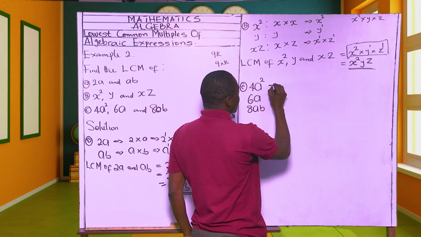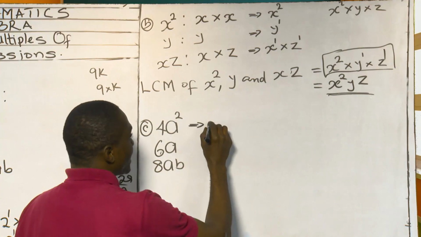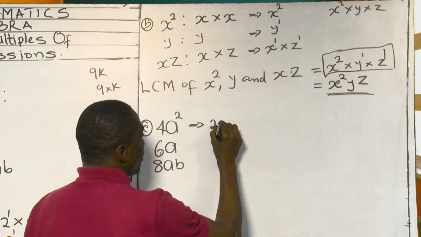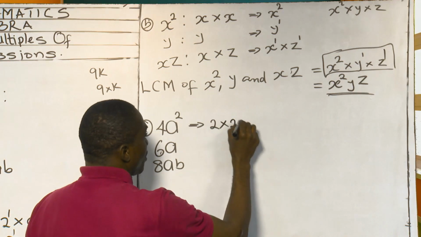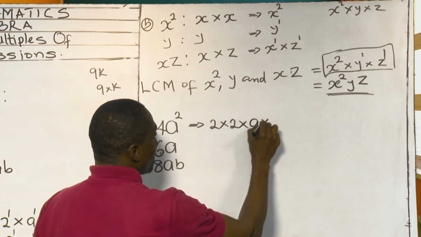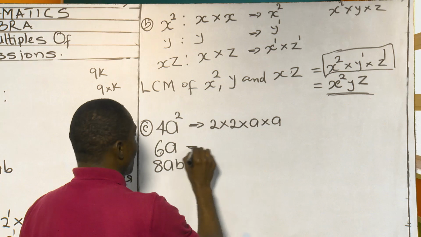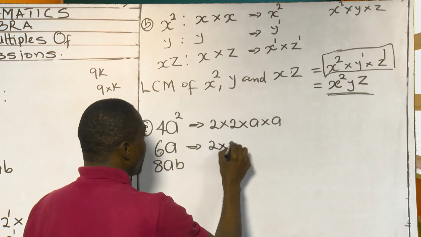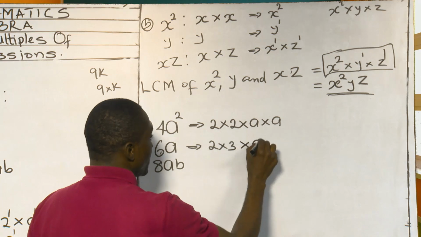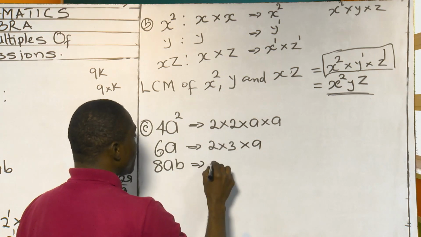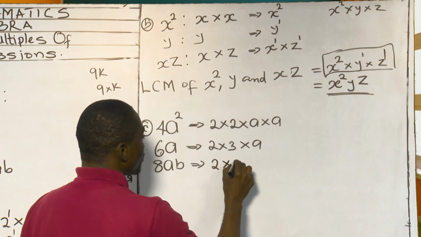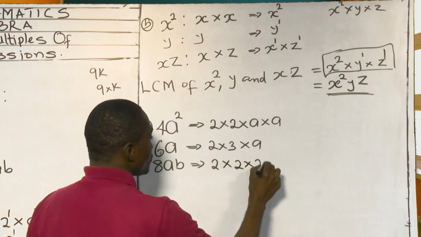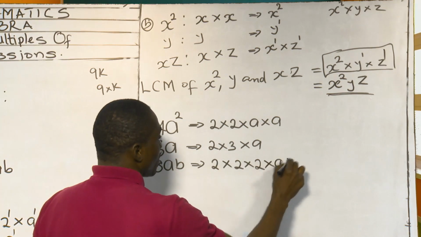So 4A squared can be expressed as 2 multiplied by 2 multiplied by A multiplied by A. This 6A will give us 2 multiplied by 3 multiplied by A. And 8AB will give us 2 multiplied by 2 multiplied by 2 multiplied by A multiplied by B.